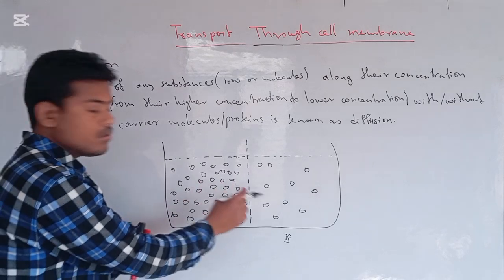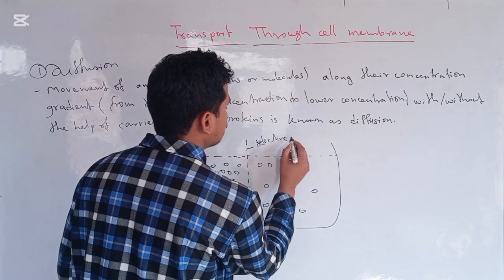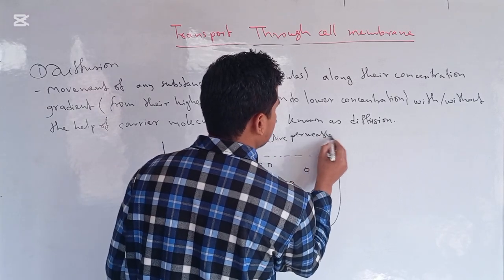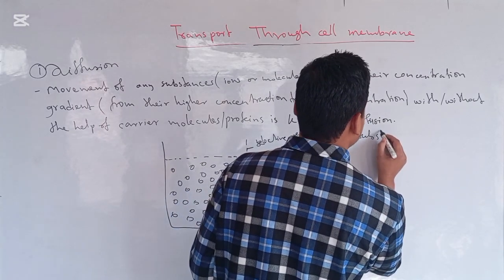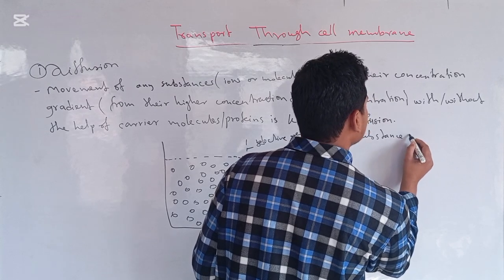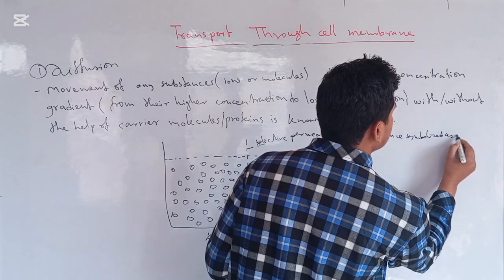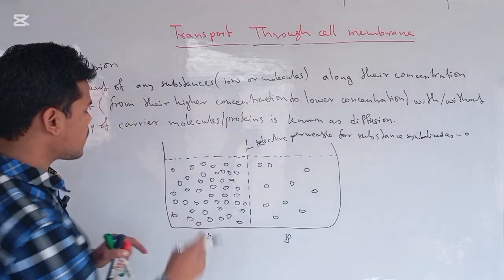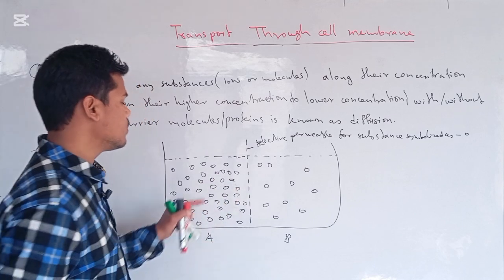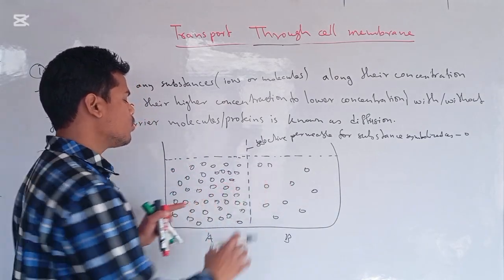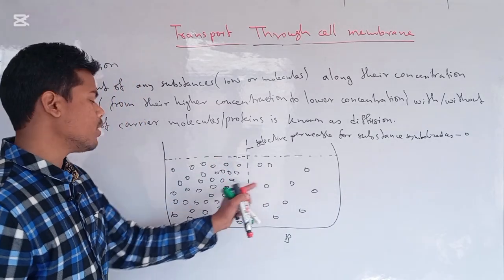If this membrane is, let's suppose, selectively permeable for the substance symbolized as this circle, a particular type of substance that is permeable through this membrane, and the other components are, let's assume, impermeable through this membrane.